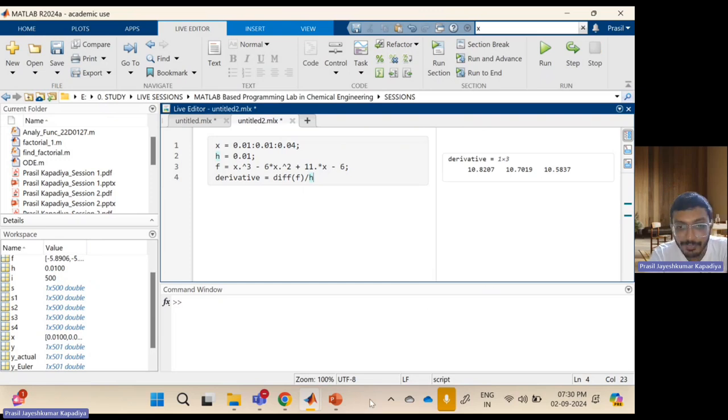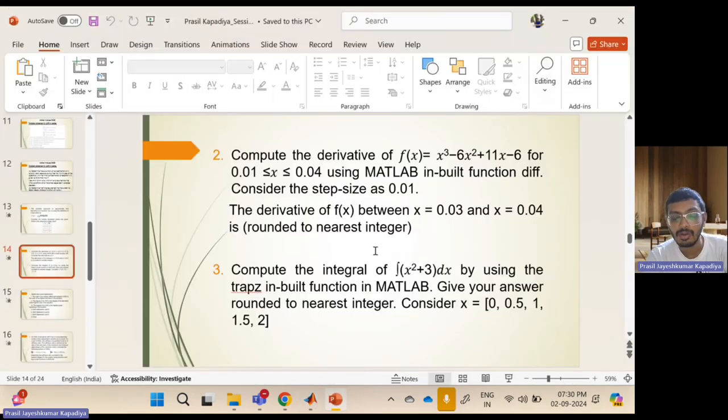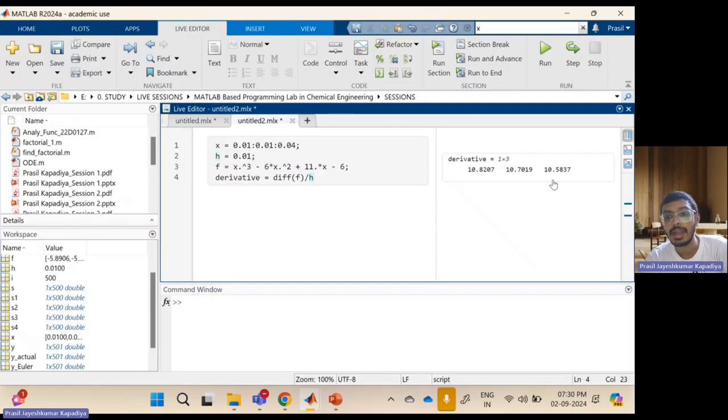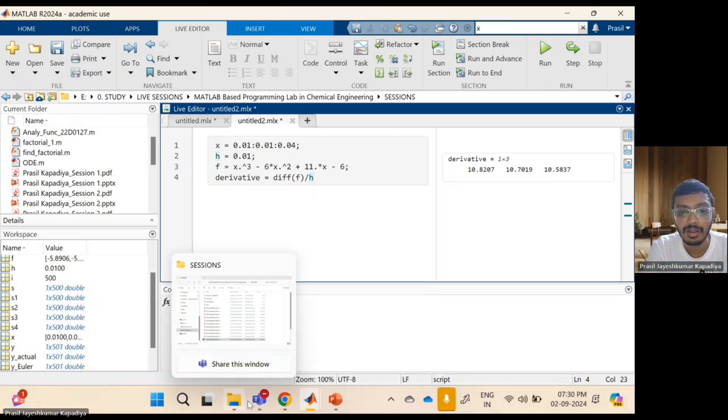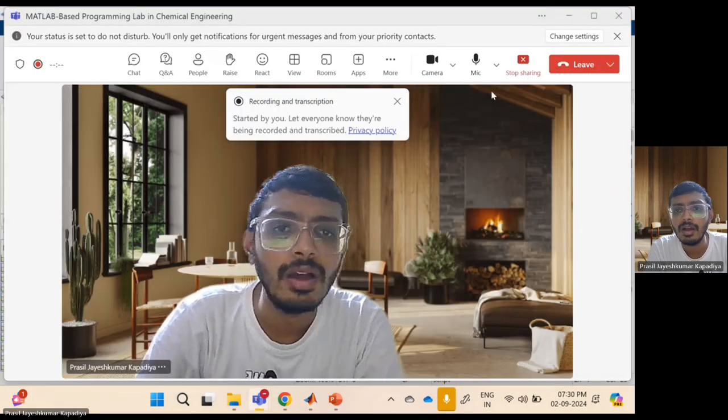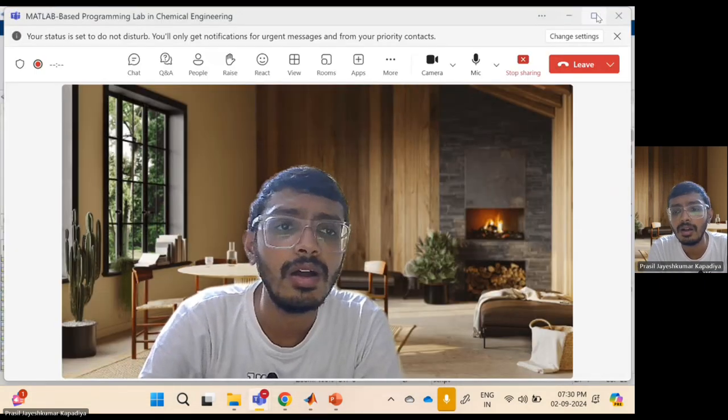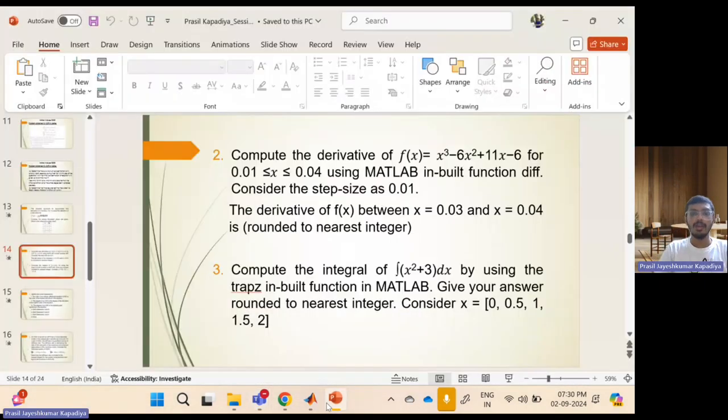And we are asked to tell the derivative between x is equal to 0.03 and 0.04. So our answer will be 10.5837. Okay. Moving ahead with the next problem.